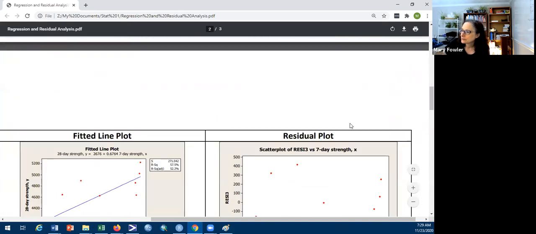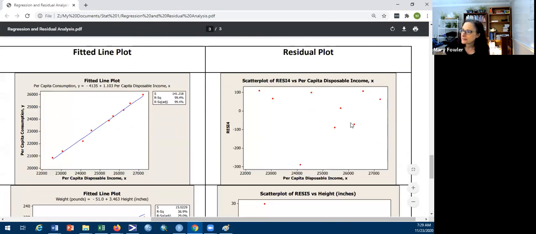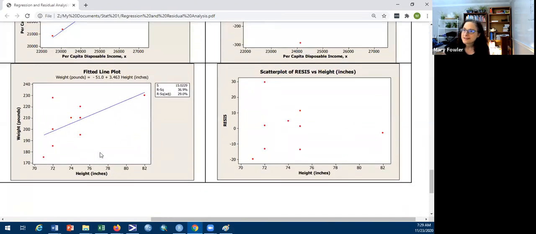Okay, and we scroll down here and look at their height and weight. And what we see is that the residuals, it seems like there's more variability for the shorter players and less variability as they get taller, okay?